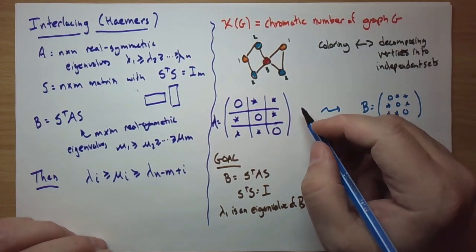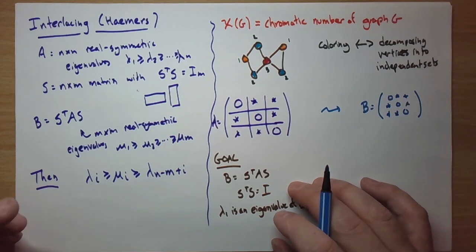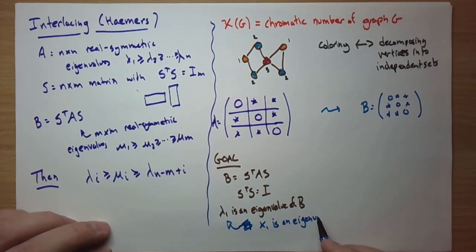So, since we're after lambda 1 being an eigenvalue, we know that there's an eigenvector. So let's say that x1 is an eigenvector for lambda 1.